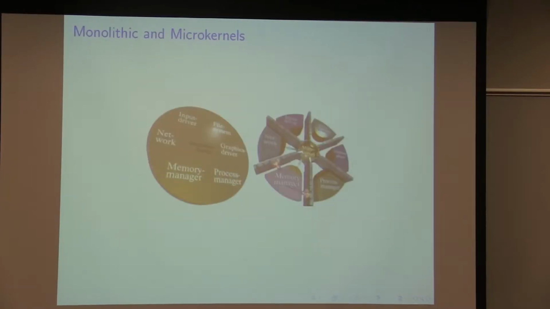All right. So there's a few major types of kernels, monolithic and microkernels. In a monolithic kernel, large portions of the operating system live inside the kernel. So the drivers would be inside the kernel. You've got all sorts of stuff in there, as you can see in the diagram.